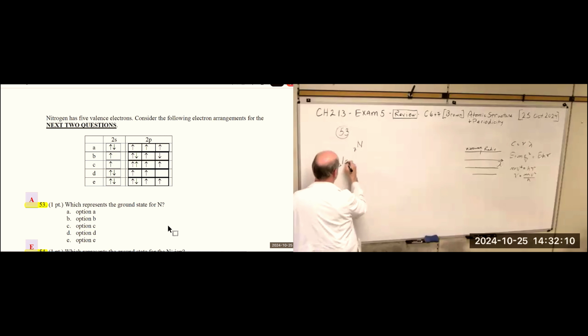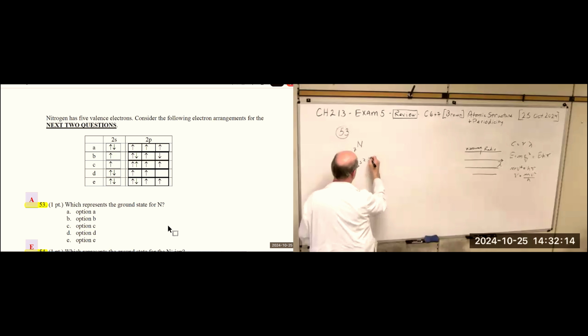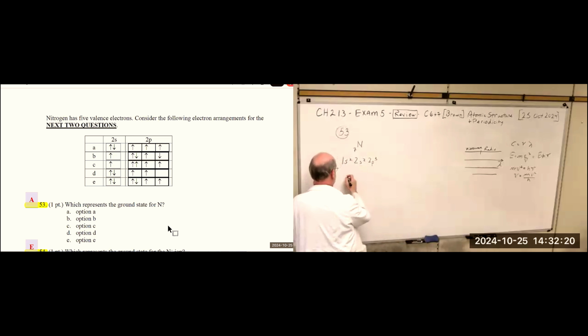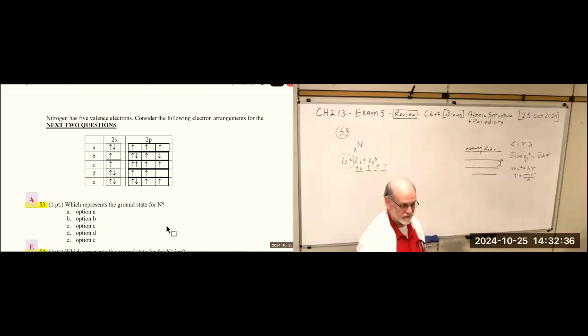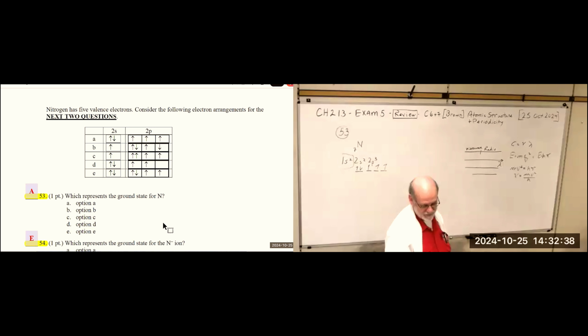So we have 1s2, 2s2, 2p3, right? It looks like that example gives us orbitals also, but it leaves out the 1s, so it leaves out the core. It's only interested in the valence. We have 1 here, 3 here, so it's 2 and 3 unpaired. It looks like A would work for that one.